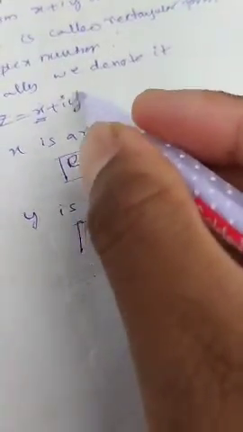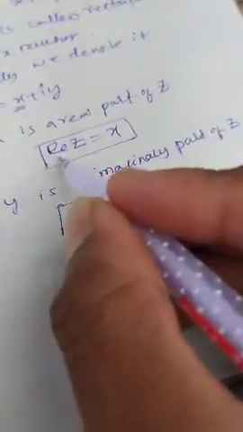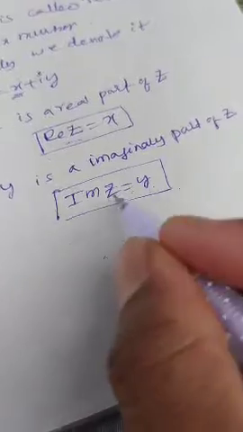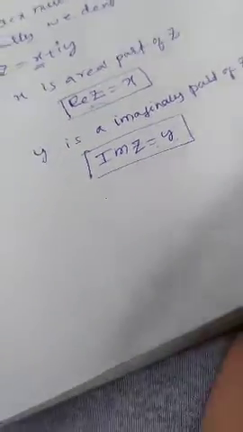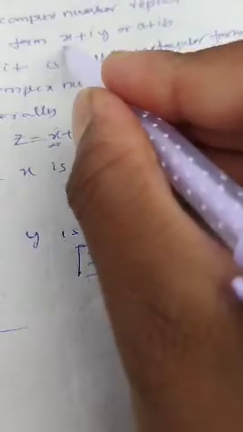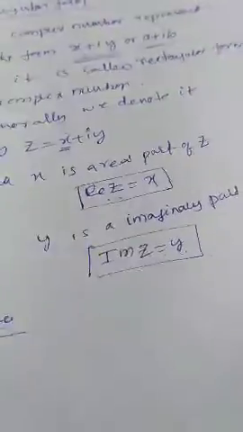What is the imaginary part? The coefficient of i. x is the real part, denoted by Re z, and y is the imaginary part, denoted by Im z. Understood? Rectangular form means if you express a complex number as a real part plus i into the imaginary part, then it is called rectangular form.